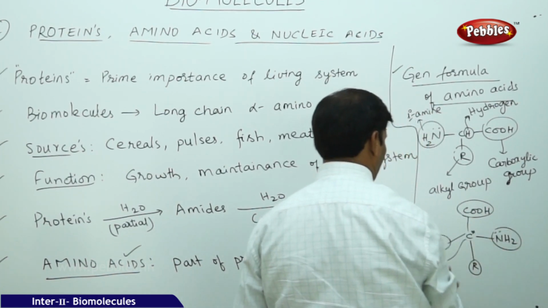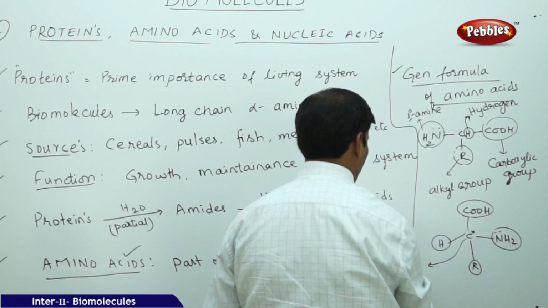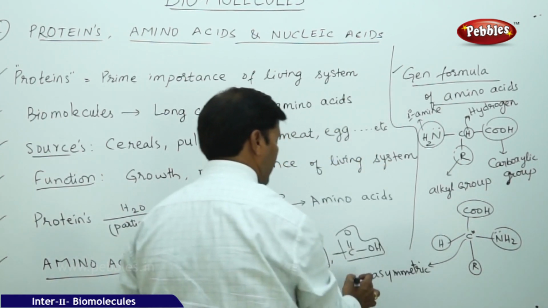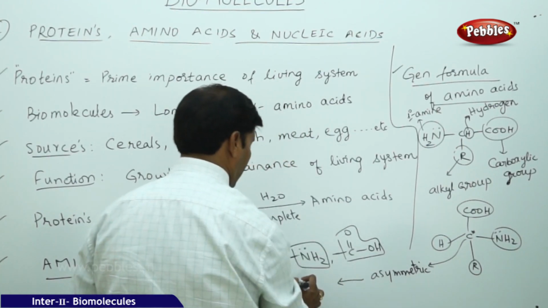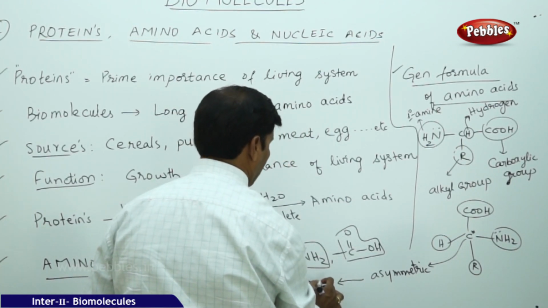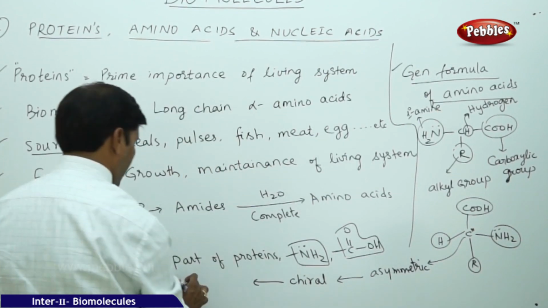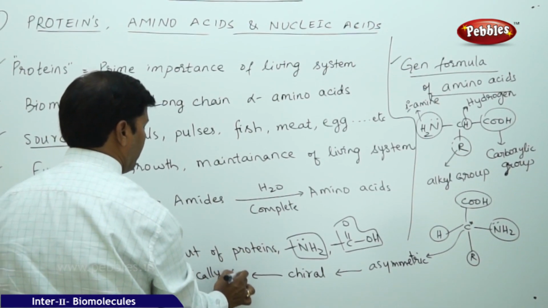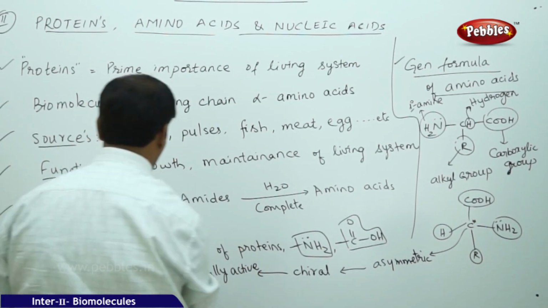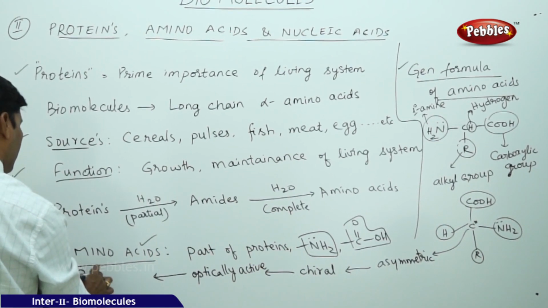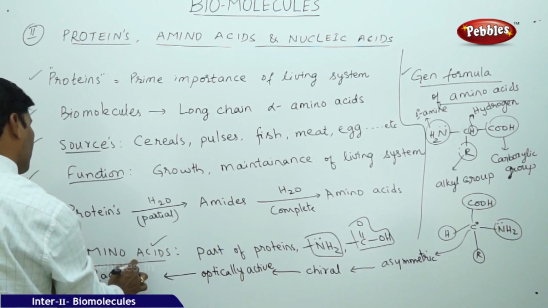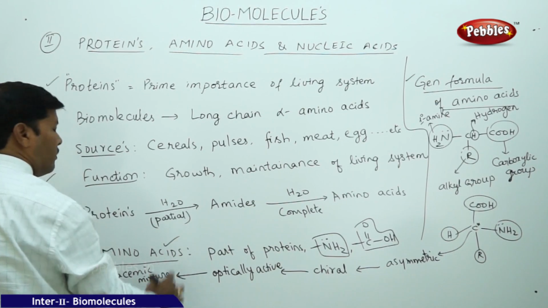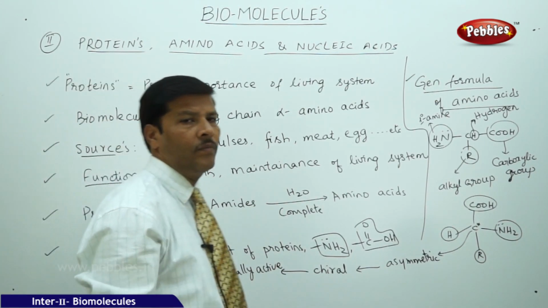We can consider the carbon as an asymmetric, chiral carbon, and we can call this an optically active compound, and finally it gives the racemic mixture.